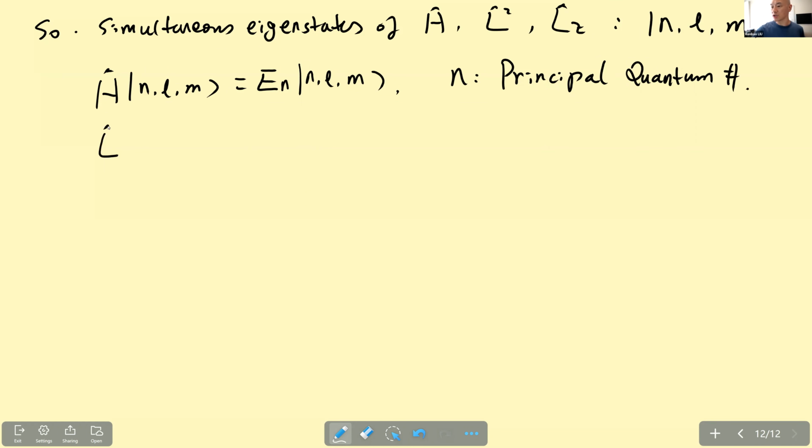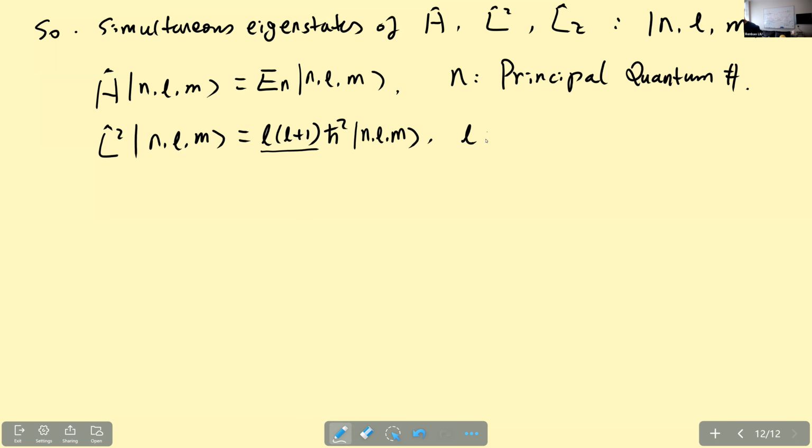And this one should also be an eigenstate of the angular momentum squared. Let me just write this form. The h bar squared is because L squared has the dimension of h bar squared, so this is going to be a dimensionless number.